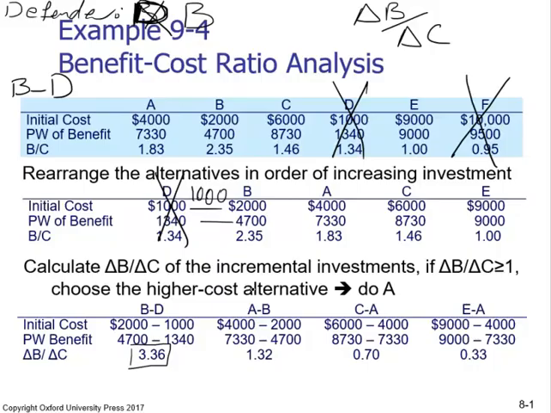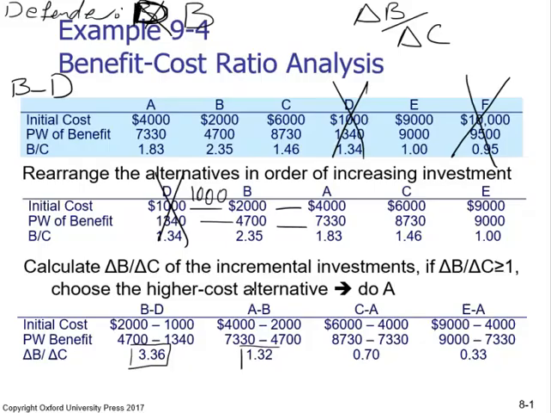So 4,000 minus 2,000 to get the differences in the initial cost, and 7,330 minus 4,700 to get the differences regarding the benefits. So we get the delta benefit over the delta cost.